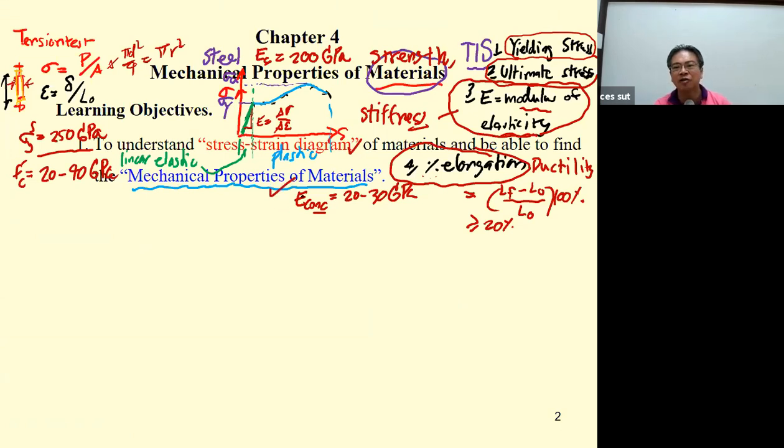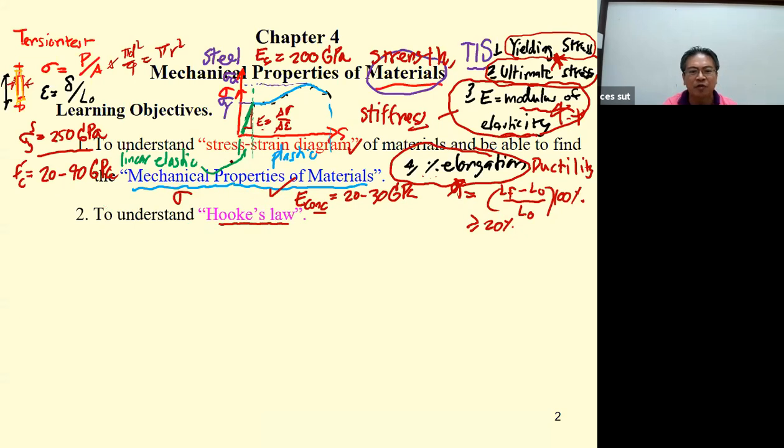When you understand the stress-strain diagram, you understand the way to determine the mechanical properties. You also understand the meaning of these mechanical properties. And then you are going to apply Hooke's law. Hooke's law applies in the linear elastic behavior, in which, from this formula, the stress is proportional to the strain.